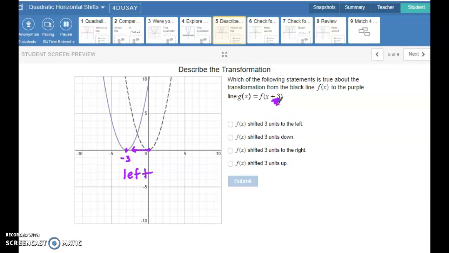Because it's supposed to be the opposite. So it's +3 on the inside, but it shifted to the left 3 units, okay? So make sure you're writing all of this down. Make sure that you're writing down this equation. And make sure that you're writing that it went to the left 3 units, okay?